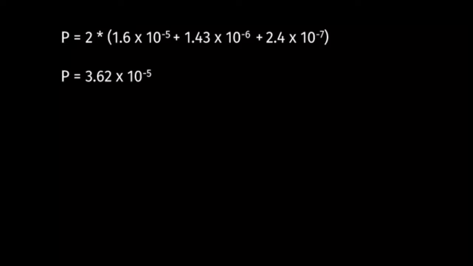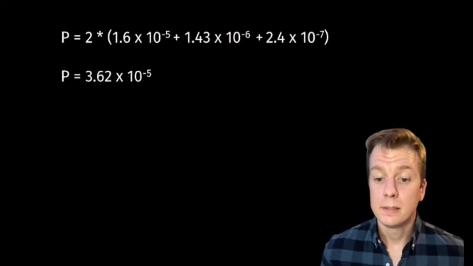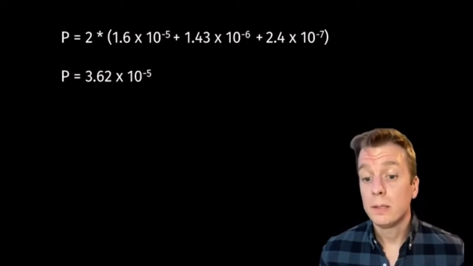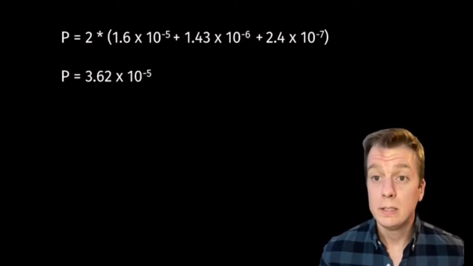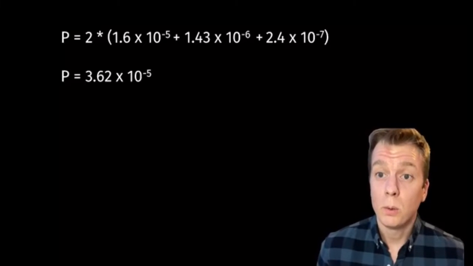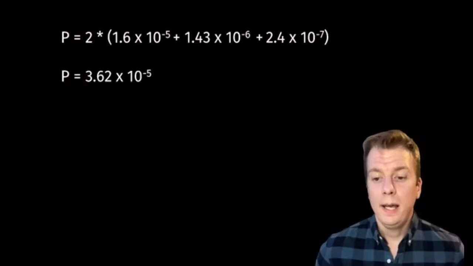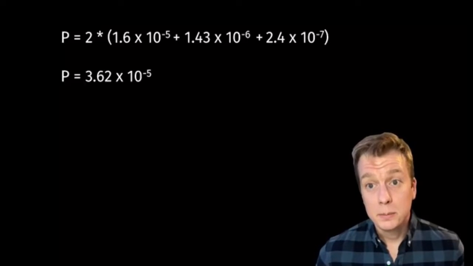We add those all together because we need to calculate the total probability, and multiply by 2 to make it two-tailed. And we get p equals 3.6 times 10 to the negative 5. This is our p-value, this is our total probability, and this p-value is exceptionally low.